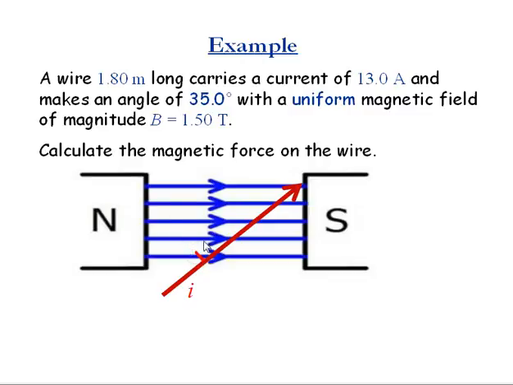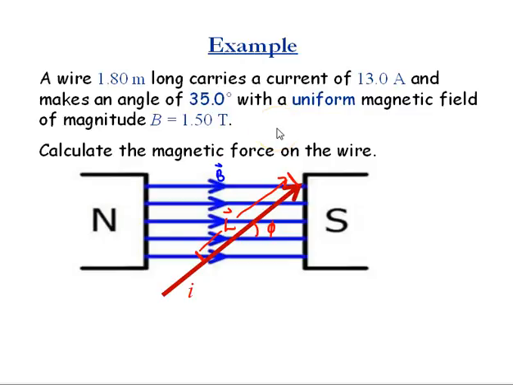So the length of our wire will be from here to here that we're considering, and our L vector points in the direction of the current. And here's our phi, and this is our magnetic field.